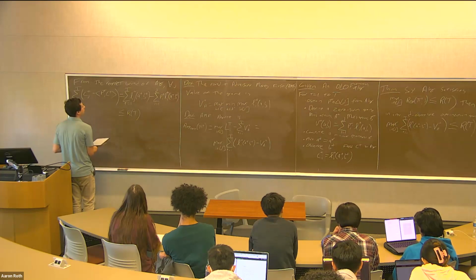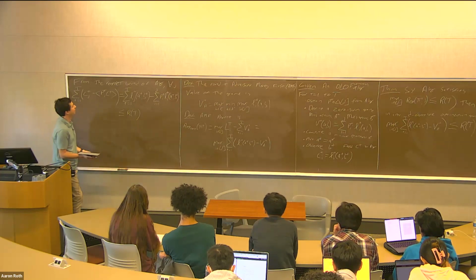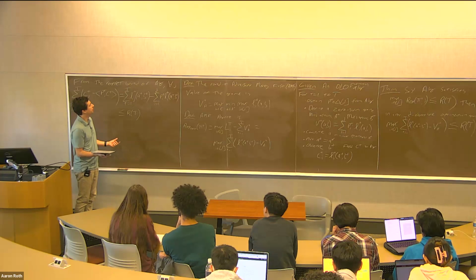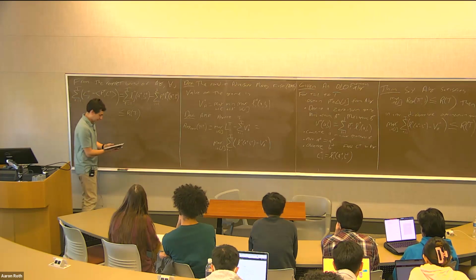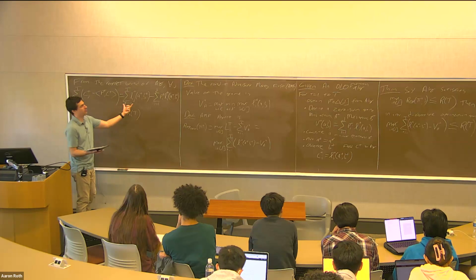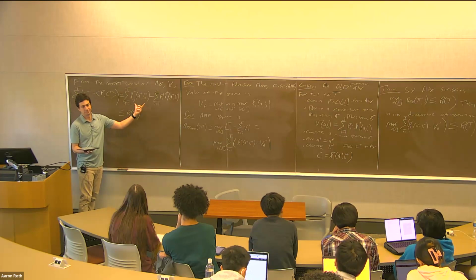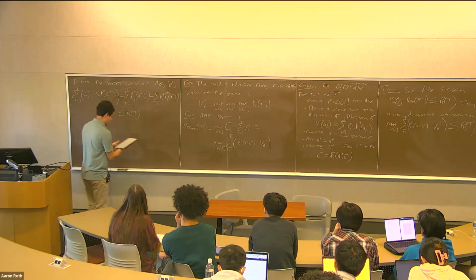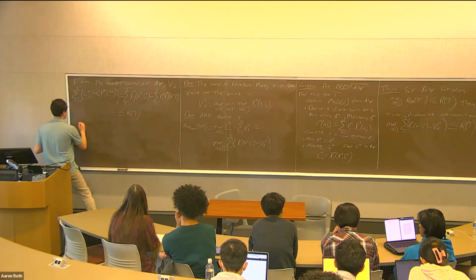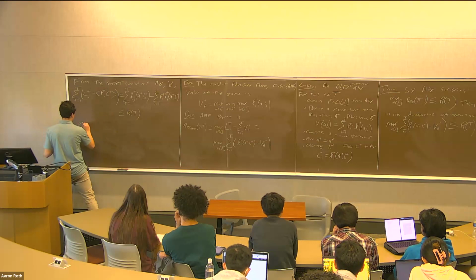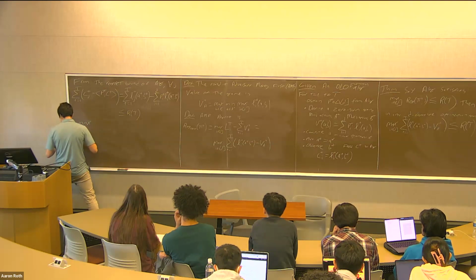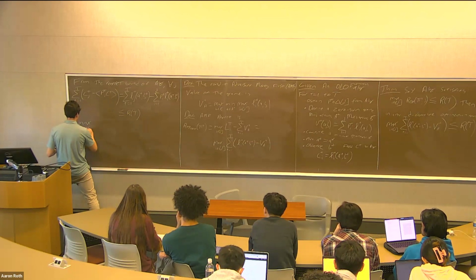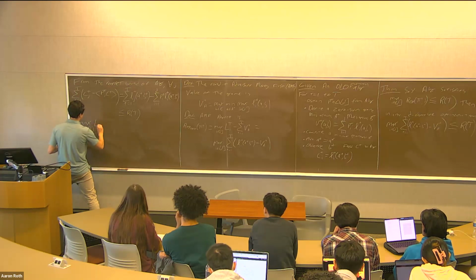Rearranging to get the quantity we care about: since this is true for all j, it's also true for the maximum j. The maximum j is the thing we care about.